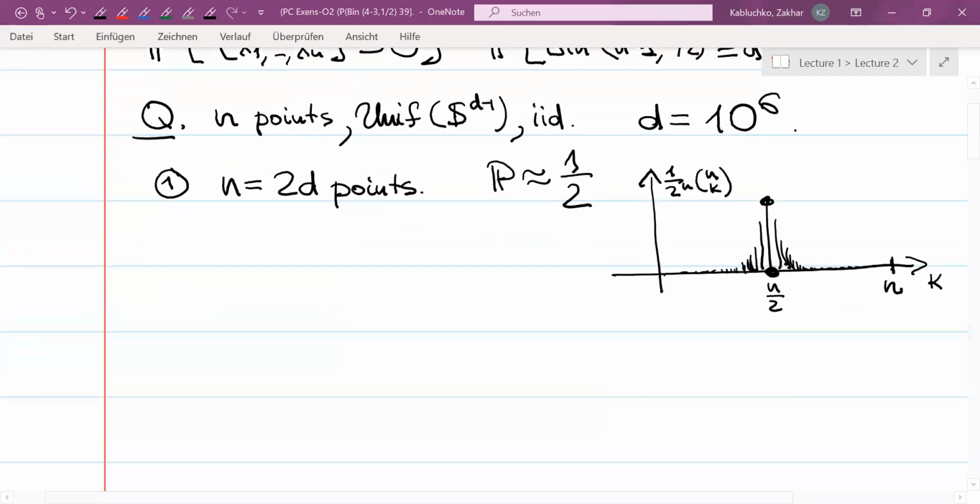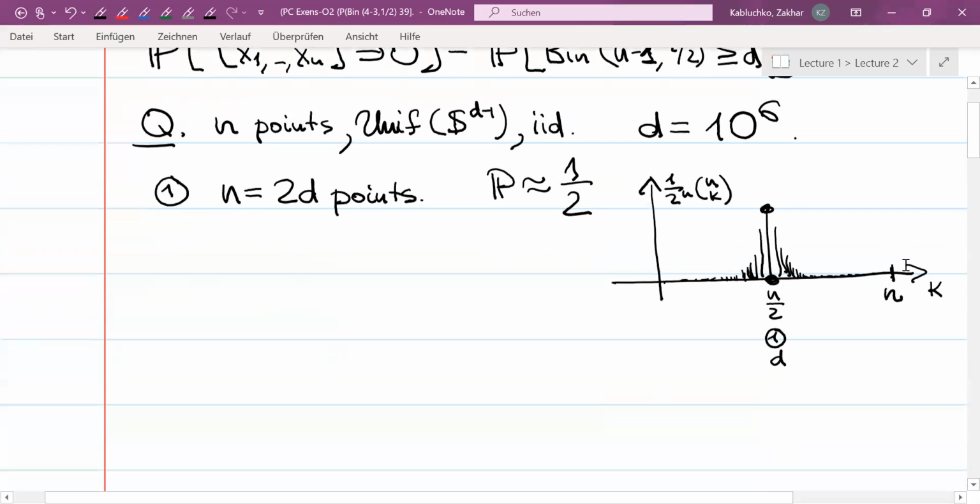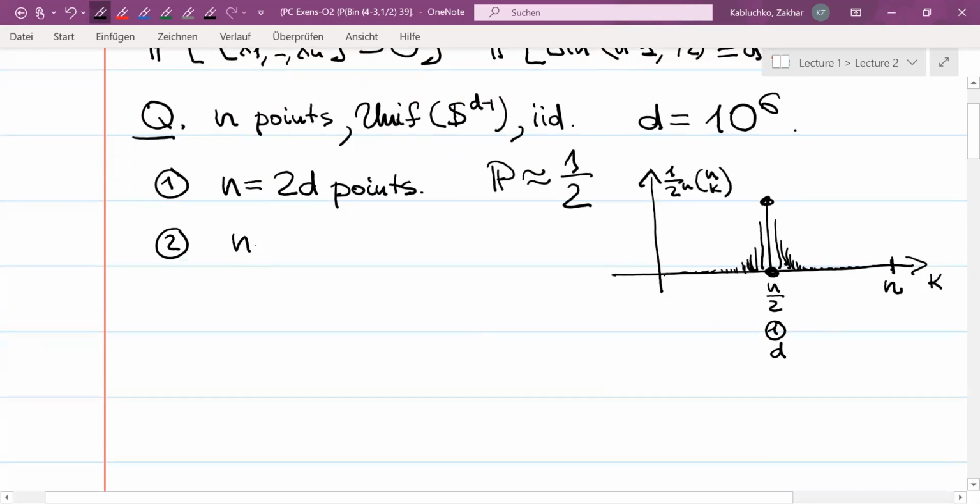So if we are in this case, then it is d, and therefore the probability is 1/2 because we have to sum everything to the right. Now, what happens if n is equal to 2 plus epsilon times d points? Well, then n/2, which is the middle of this distribution, the expectation, is then larger than d, right?